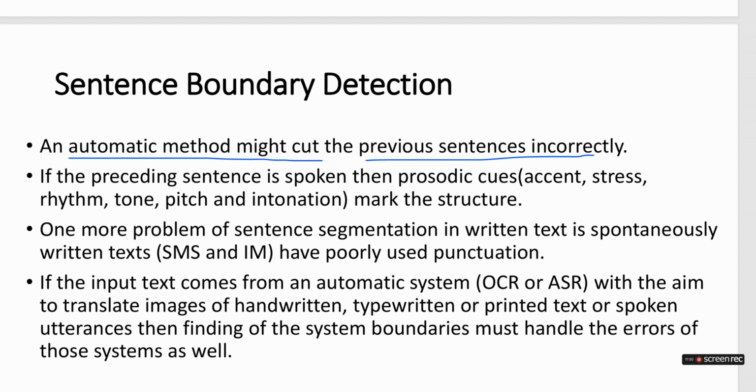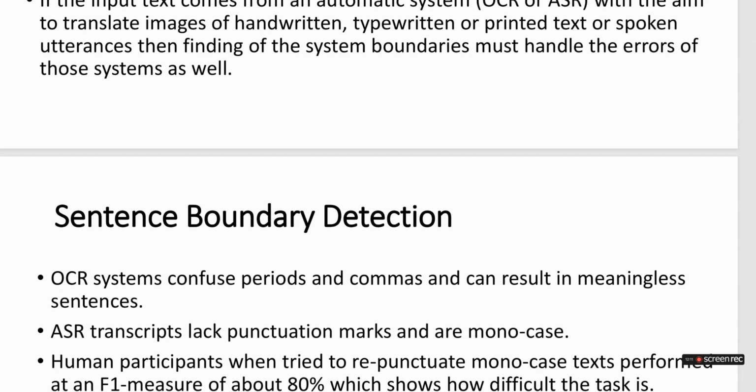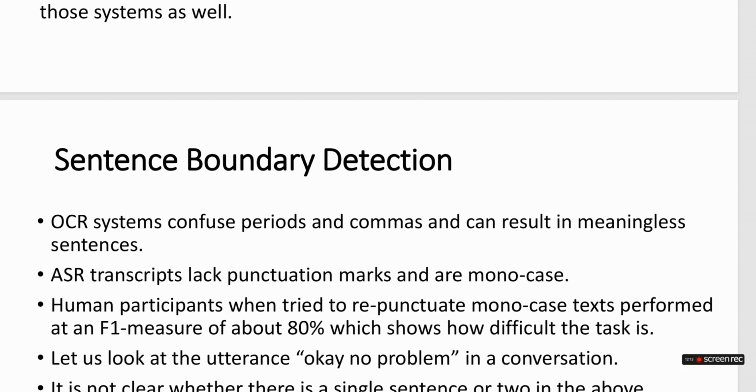That means while speaking, using stress or pitch, it will divide the speech, and this is nothing but a sentence boundary. This is a simple example I have given. OCR systems get confused, and ASR transcripts lack punctuation marks or are monocase.